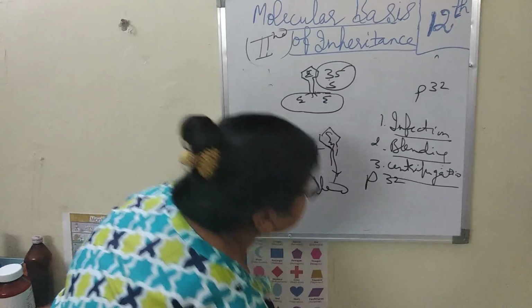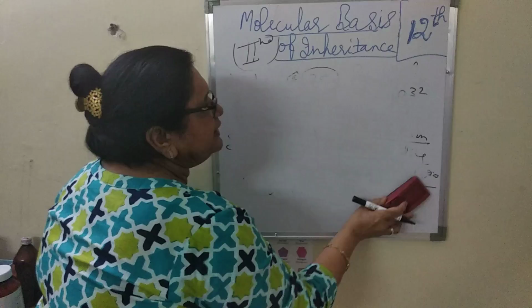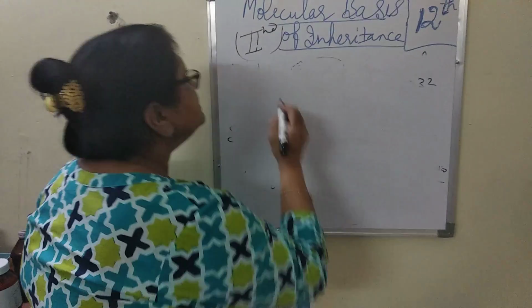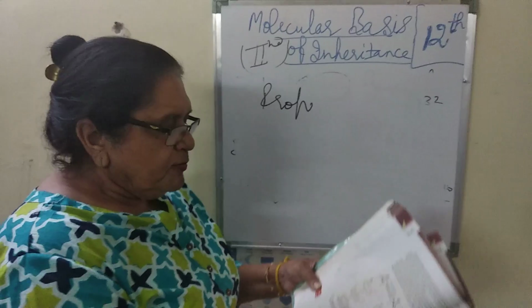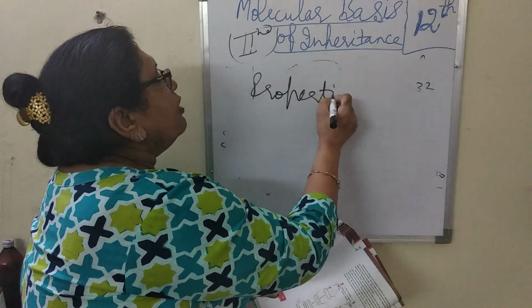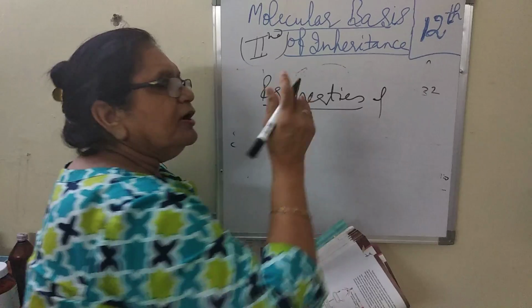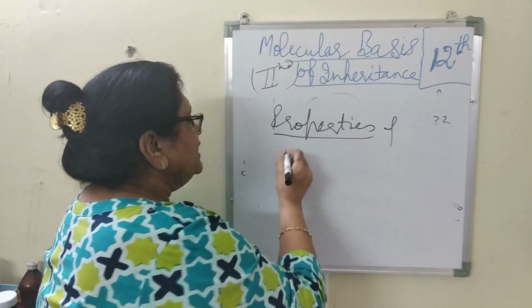The third subtopic is: what are the properties of DNA? Third step according to NCERT, properties of DNA or genetic material. First point, the genetic material should be more stable.